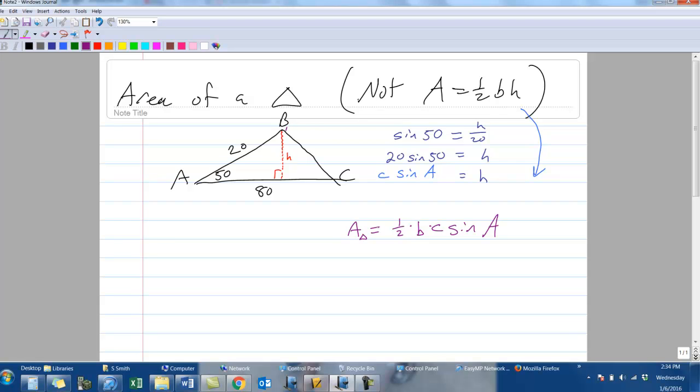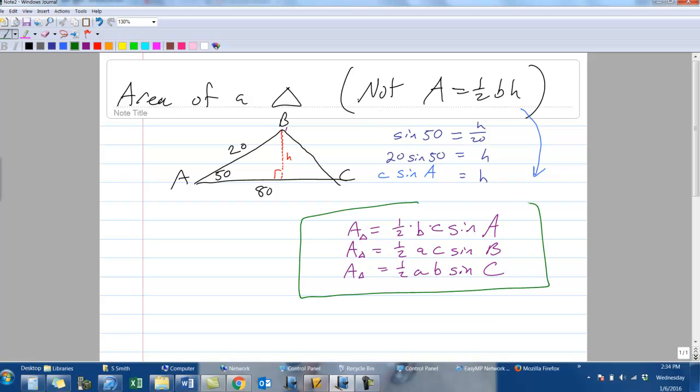There's actually 3 variations on this formula. Another one is area is equal to 1/2 A times C times the sine of B. And then we have our last one, area of a triangle is equal to 1/2 A times B times the sine, you guessed it, C. So there's actually 3 formulas that we can use to find the area of a triangle, even if we don't know the height.